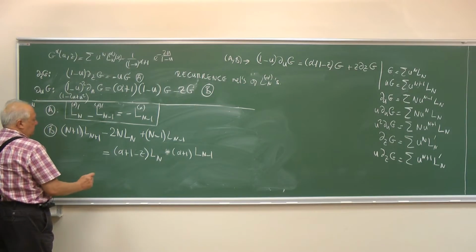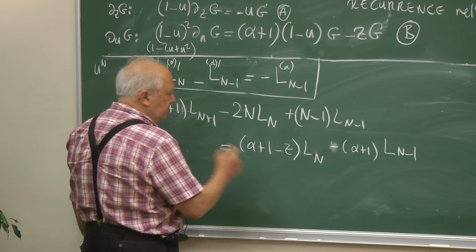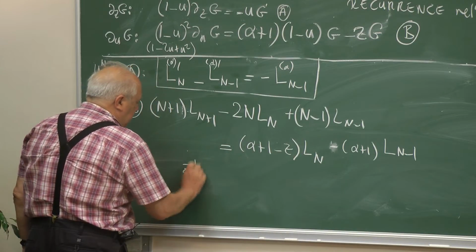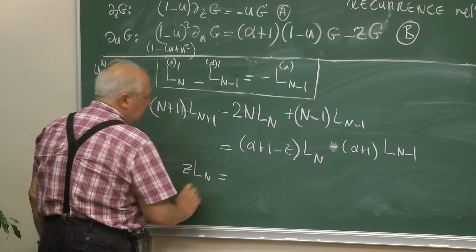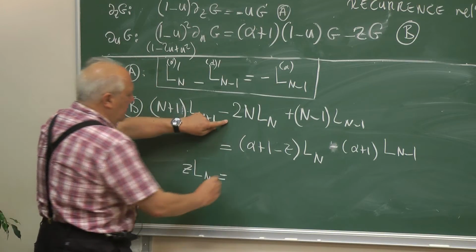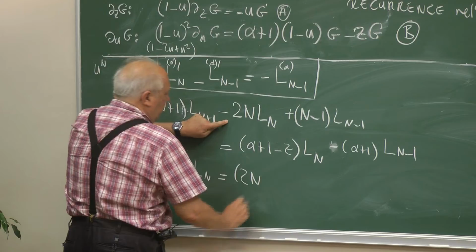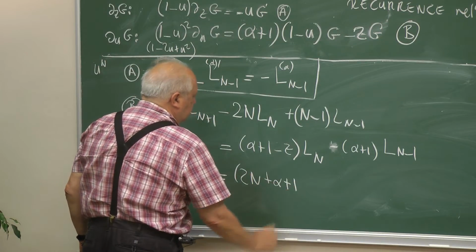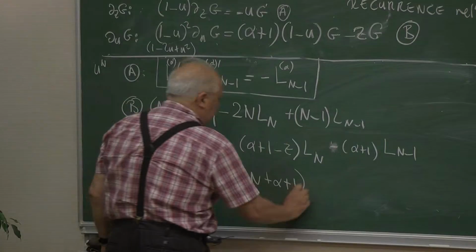I would rather, for reasons that will be clear later on, put zLn to the left. So zLn to the left. Then this becomes 2n plus alpha plus 1 Ln.